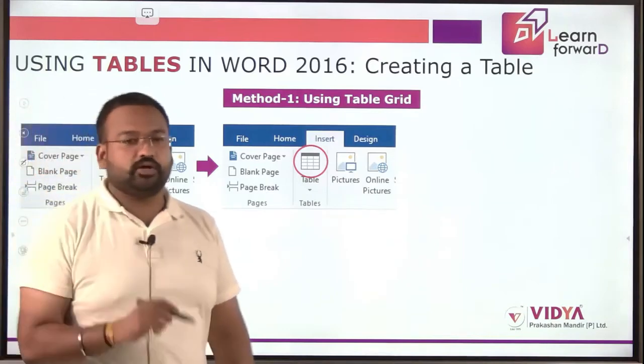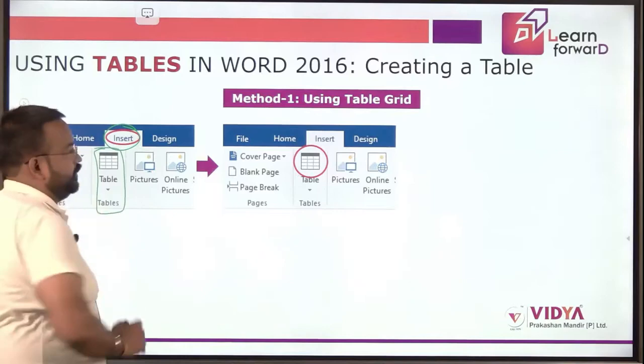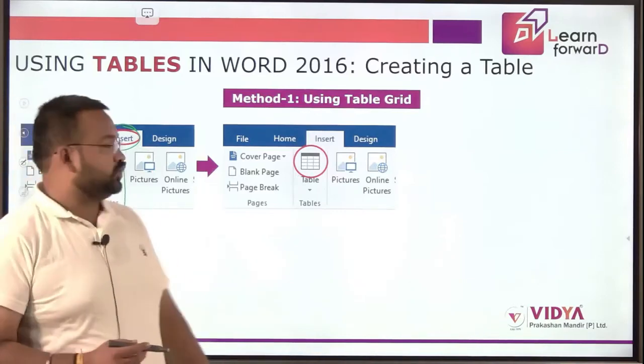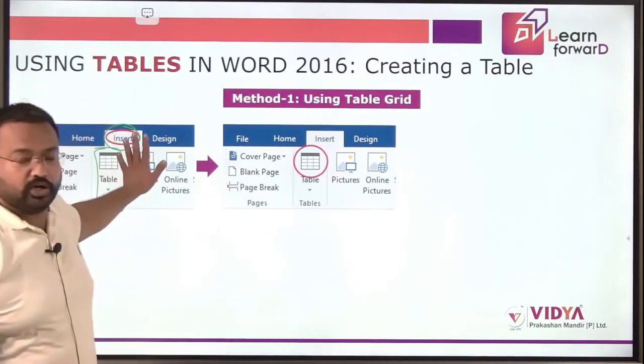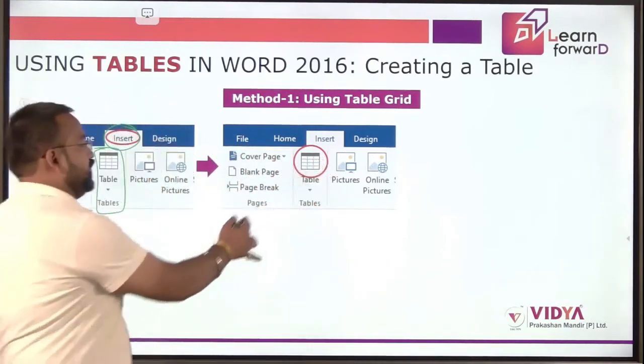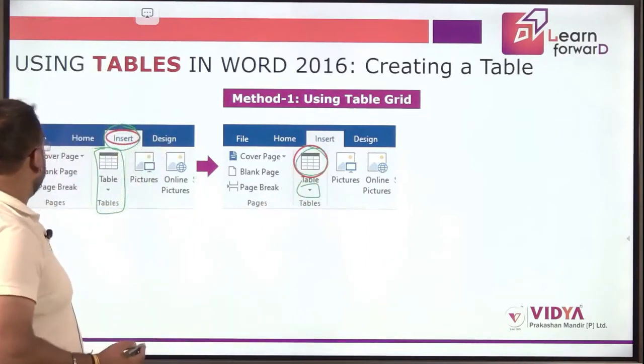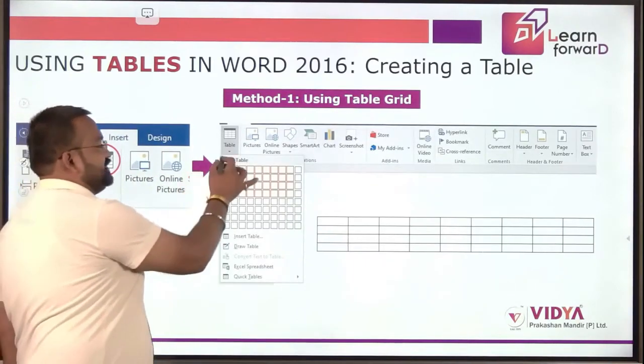You have to click on the Insert tab, and once you do, you will find this Table option. First click on Insert, and then click on Table, either on the downward arrow or directly over here. Once you do it, you will get something like this.